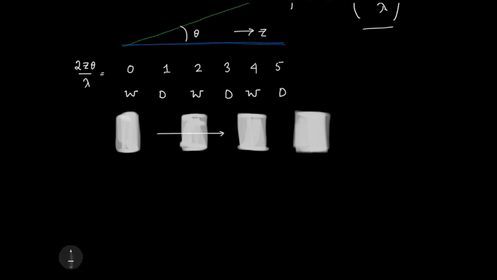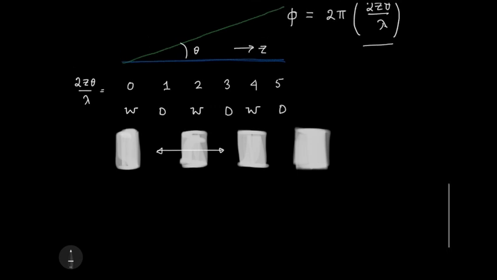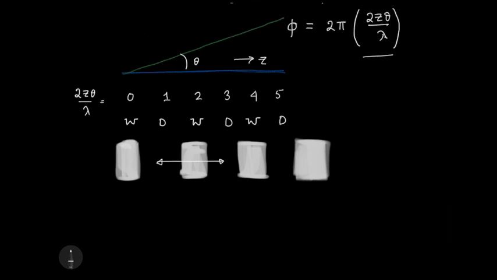If I ask the question, what is the distance between two consecutive dark fringes, I leave it for you. All you have to do is set this as (2n+1)π and then change n by 1. So n has a certain value here, and here the value of n is just one more. I call this distance curly z. This you can calculate, and again I leave it to you.